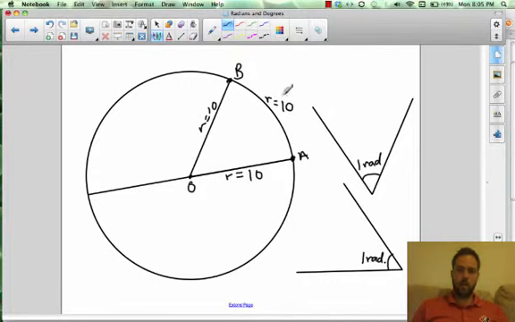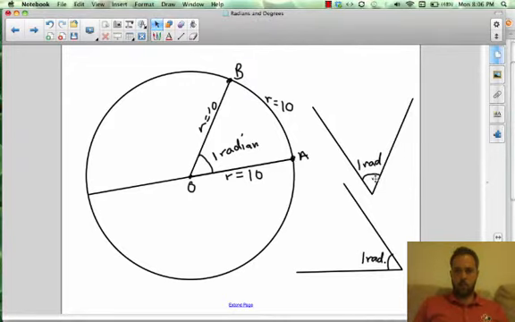These 2 radii and this arc AB, that means that we will have an angle, which is our central angle, of exactly 1 radian. So this is the size of 1 radian. I did actually pre-measure this angle, so it is accurate. And I've made a couple other radian measures over here on the side.